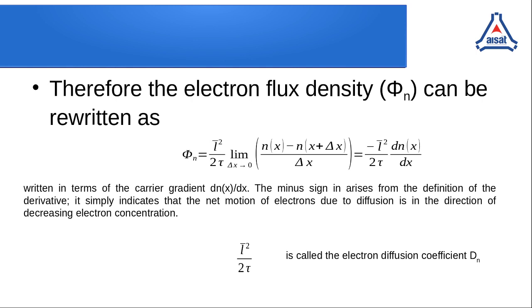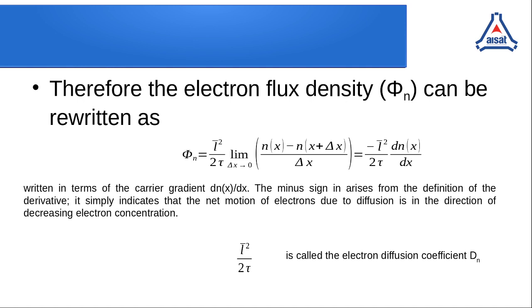From this format, keeping in mind the basics that we studied in differentiation in mathematics, we could easily rewrite it as dn of x by dx. In the definition of the derivative, limit delta x tends to 0, n of x minus n of x plus delta x by delta x is equal to minus dn of x by dx.